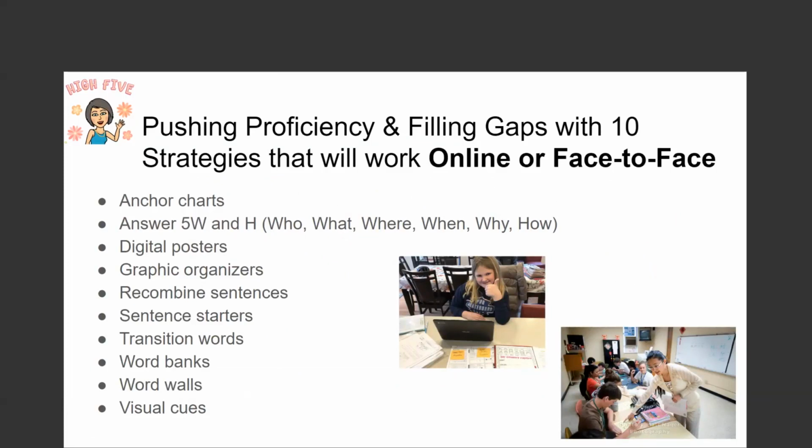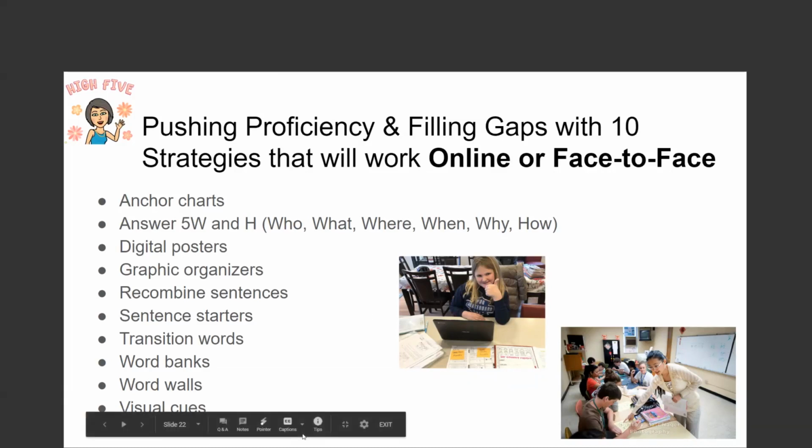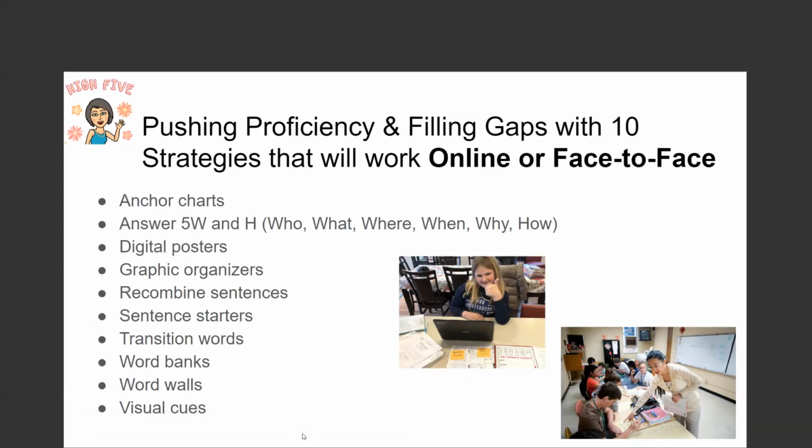But to help push them to the intermediate level and to help scaffold those skills for them, they can start to answer some of those questions in order to provide more detail in their sentence. And so if they say, I like to swim with my friends at the pool, those are things that novice learners can string together. Those are all memorized pieces of language that they can start to put together, but having them answer those multiple questions helps them provide more detail and pushes them further into that intermediate level.